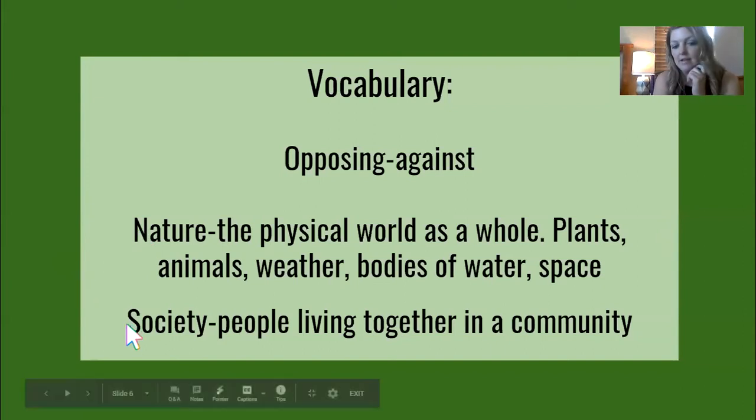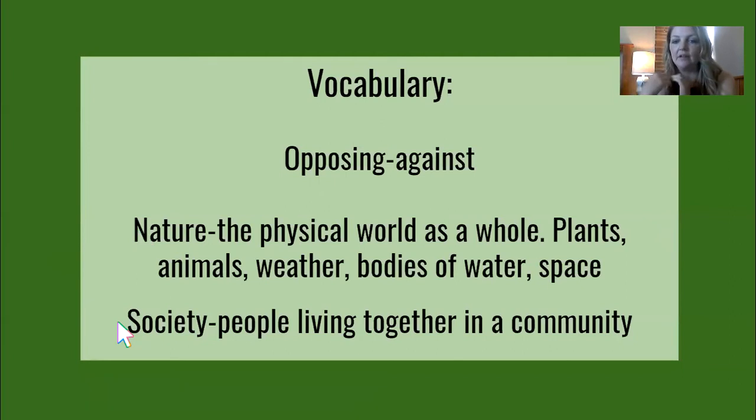And society: the word society has to do with people living together in a community. These vocabulary words are going to be in this lesson several times over. So if you want to take any notes on these, go ahead and pause the video and write down your notes, and then just start when you're ready.